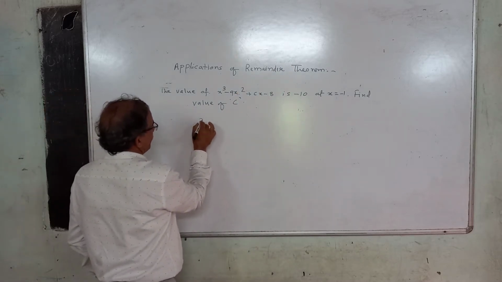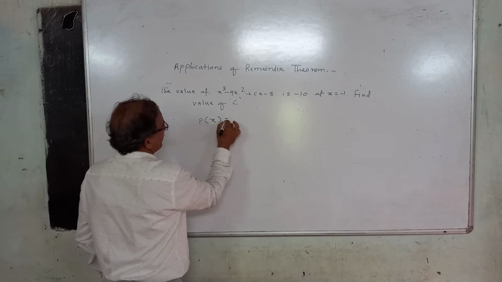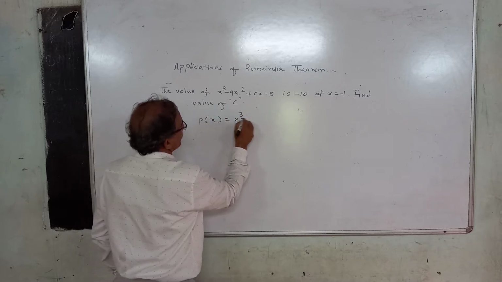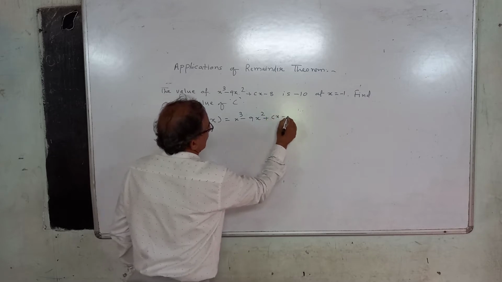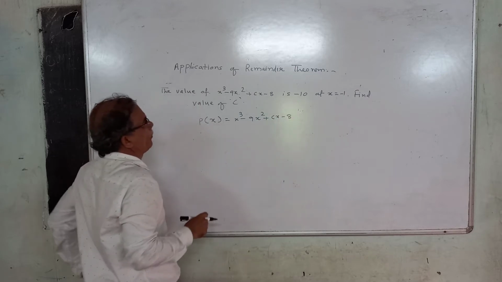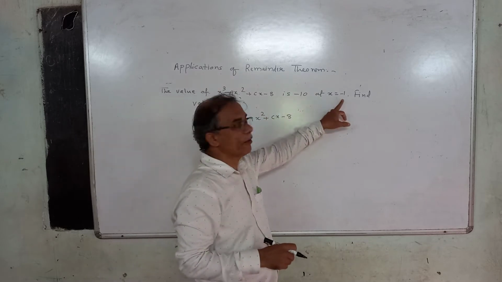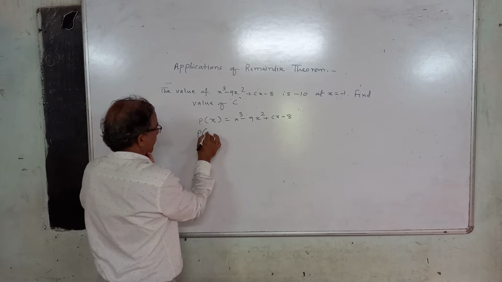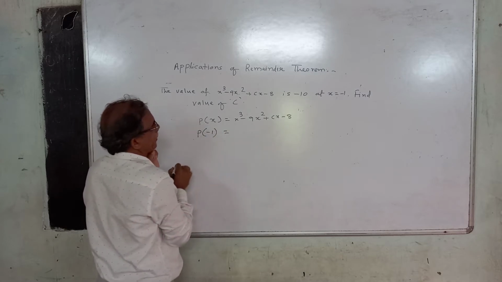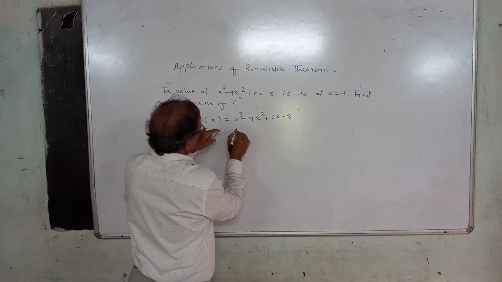Now what is given to us? Polynomial in x is equal to x cube minus 9x square plus cx minus 8. And value of this at x is equal to minus 1 means if in polynomial for x we substitute minus 1, then see what will happen.